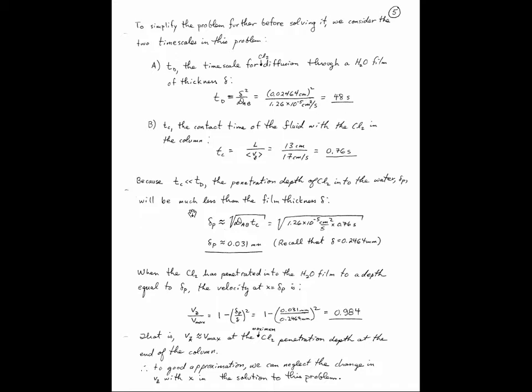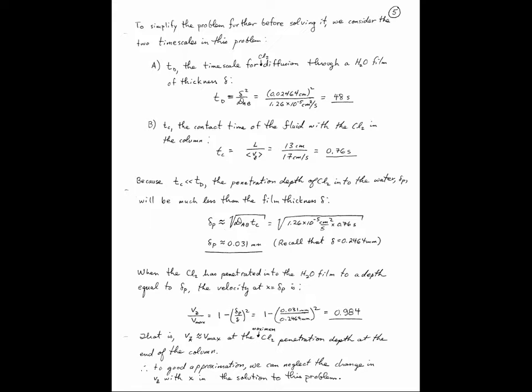And that means that you can turn this expression around and calculate the penetration depth based on the contact time of the liquid, and it turns out that the penetration depth is on the order of, I guess that would be 31 microns in a film that's 1/4 of a millimeter thick. So in the time that the water is in the column, the chlorine only penetrates a few microns into the top surface of that layer of water.